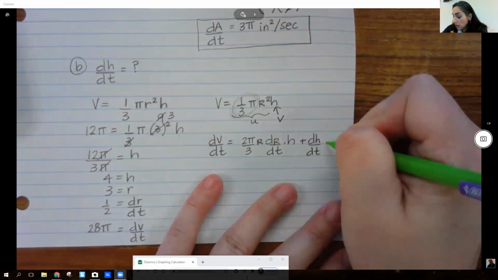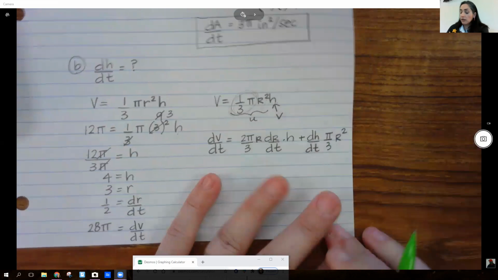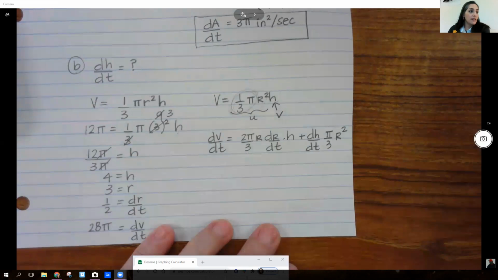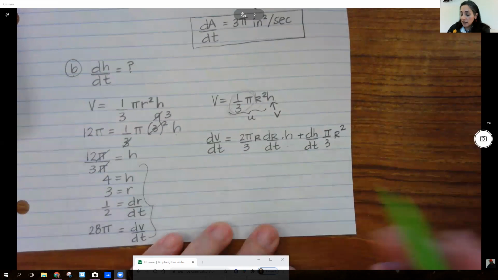So this will be pi over 3 r squared. It's a lot of little things in there to keep track of.